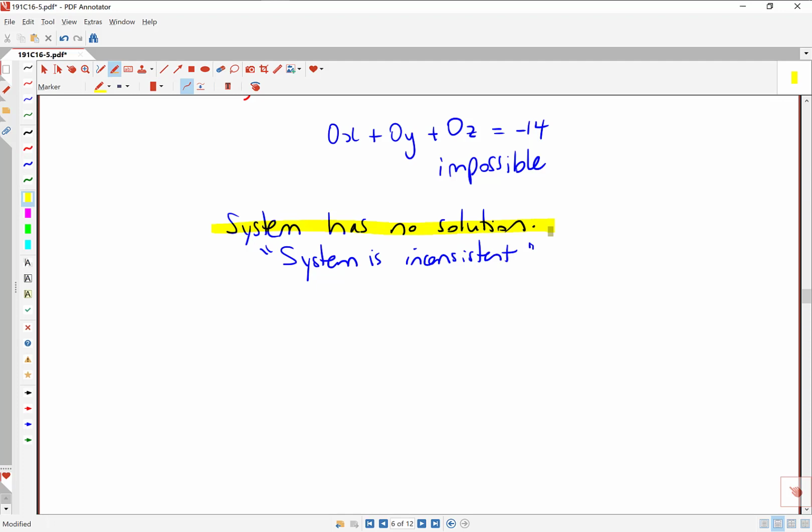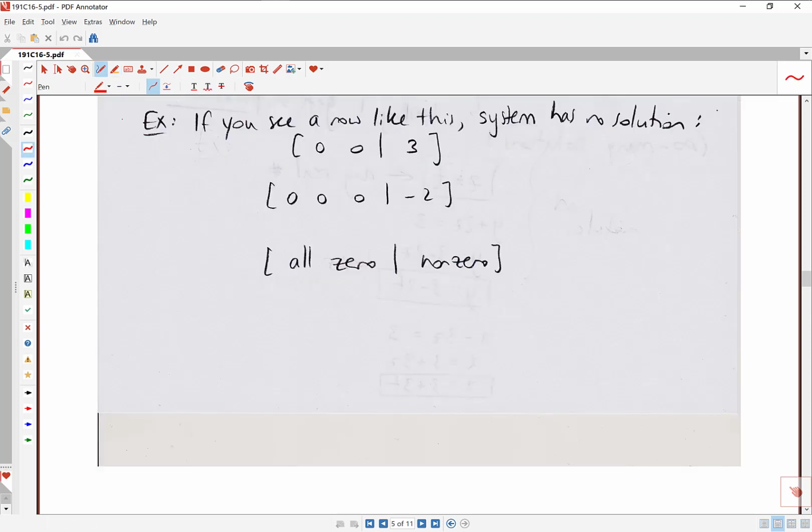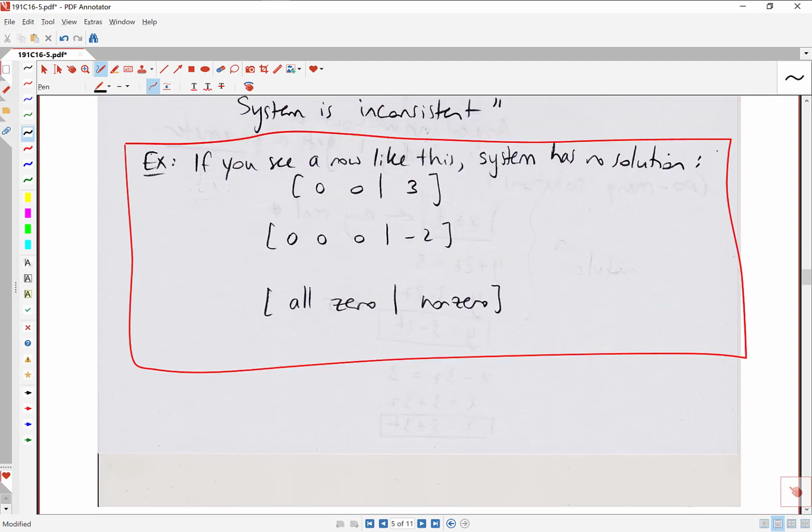And then let's go back to the notes and we'll talk about how to recognize this quickly when it happens. In the notes, this is just given as a short example. If you like, you could even relabel that as a fact. So the fact says, if you see a row like one of the following examples, then the system has no solution. So what are we looking for?